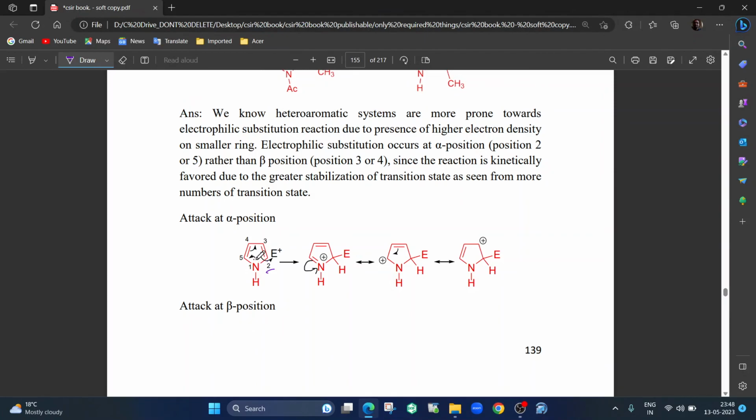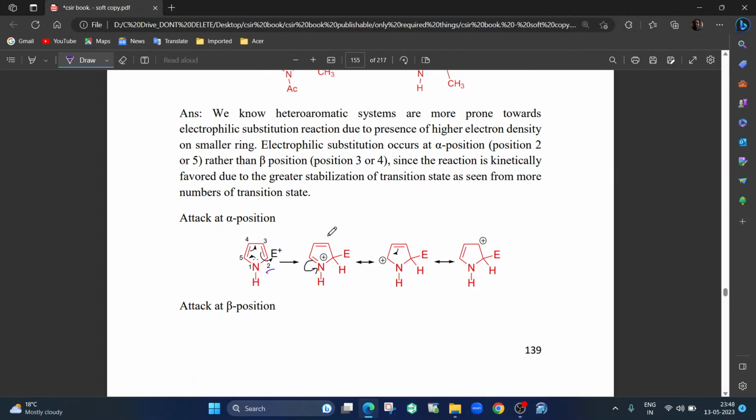Of course nitrogen takes part in the ring activation. It donates electrons, they come here and are donated to the electrophile, and you get a positive charge on nitrogen. Then this pi bond stabilizes this positive charge, and you get a positive charge here. Then again this pi bond is involved in stabilizing the positive charge.